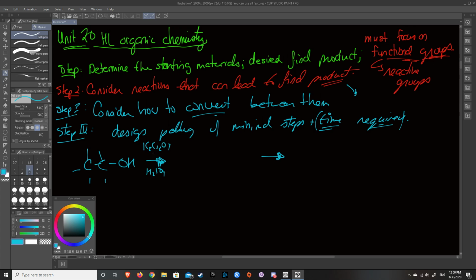So potassium dichromate, we're using that in sulfuric acid because this acts as a catalyst to oxidize it to an aldehyde. And finally, to our carboxylic acid, using the same thing, K2Cr2O7 in H2SO4.